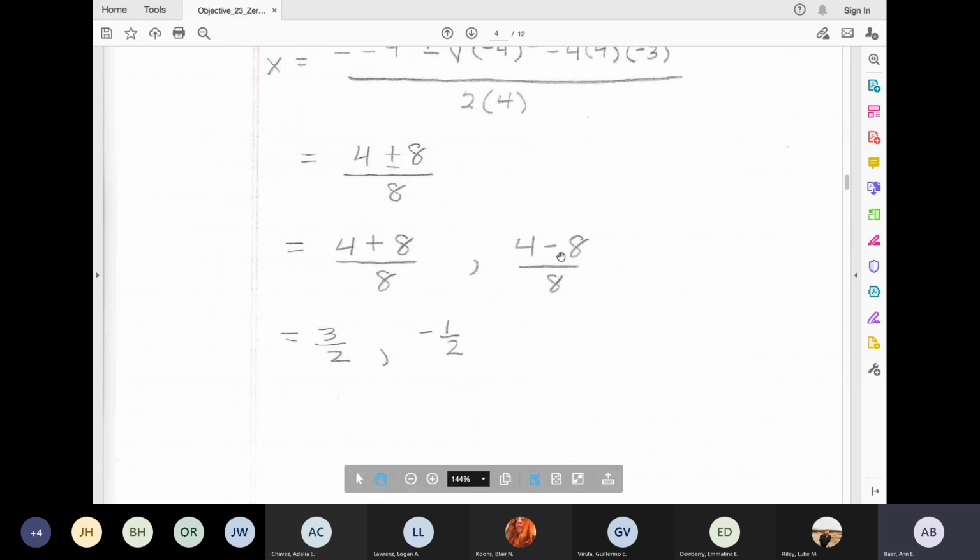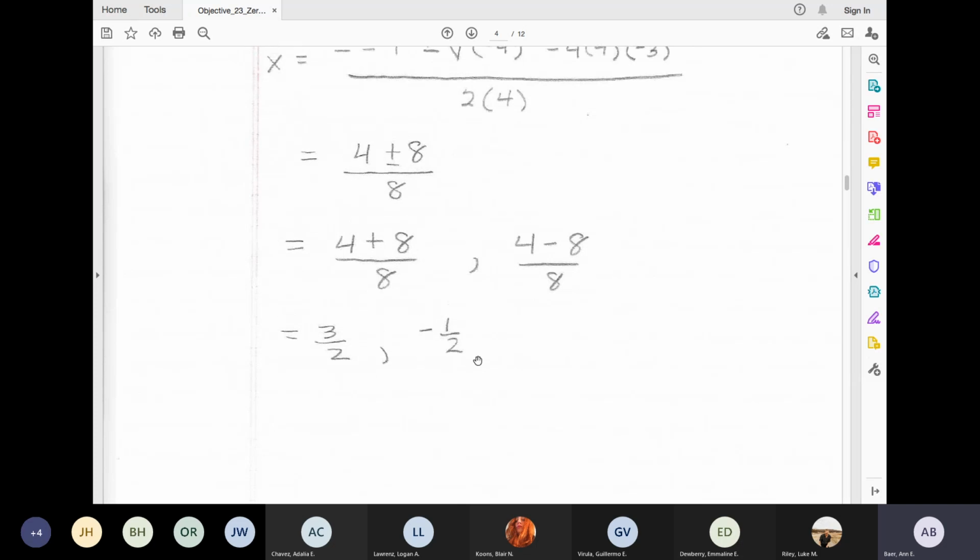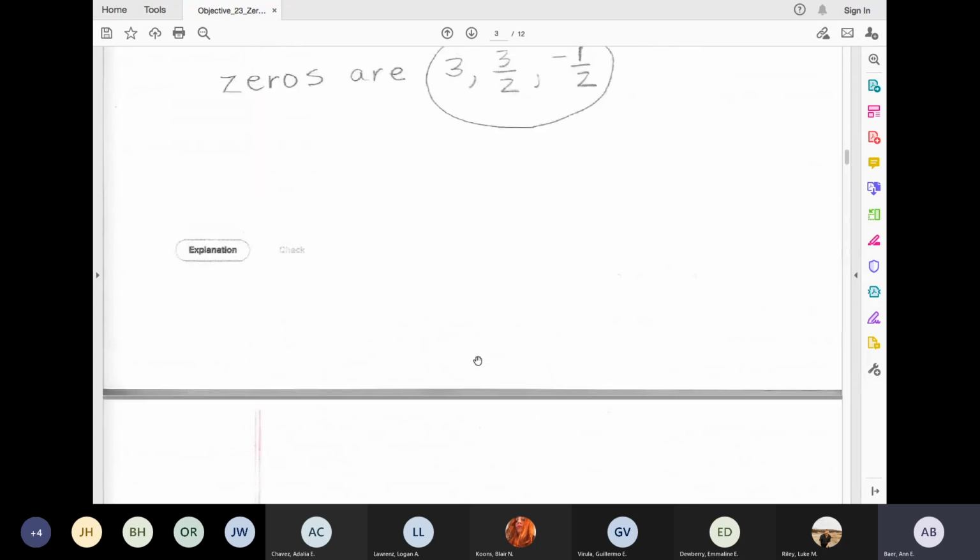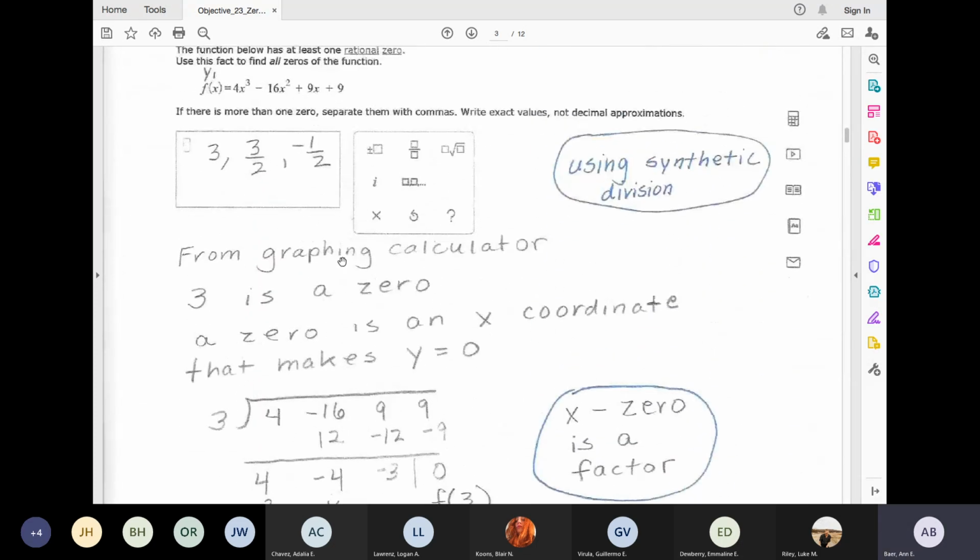Comma, 4 minus 8 is -4, over 8 is -1/2. So those are our other two zeros, 3/2 and -1/2. So we have our 3, our 3/2, and our -1/2. Any questions on this particular topic?